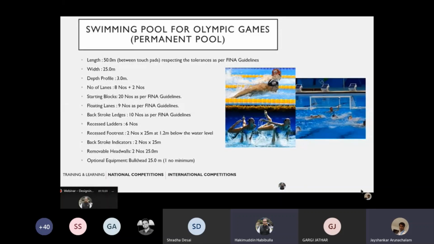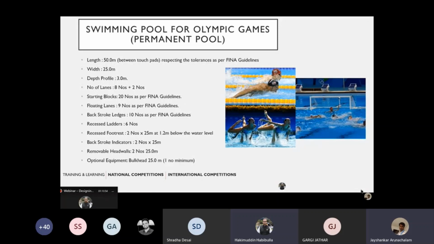3 meters. Number of lanes, you would have the 8 primary lanes where people will compete, and you'll have 2 buffer lanes at the 2 ends. So you'll have 10 lanes in all. Each lane will have 2 starting blocks at either end. So 20 starting blocks. You will have backstroke ledges.